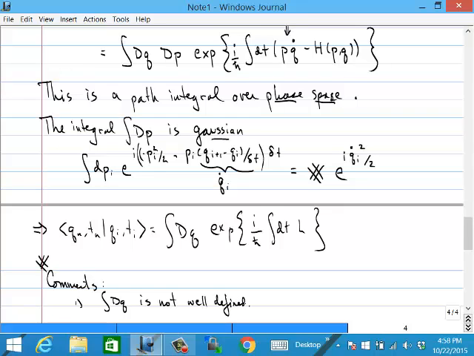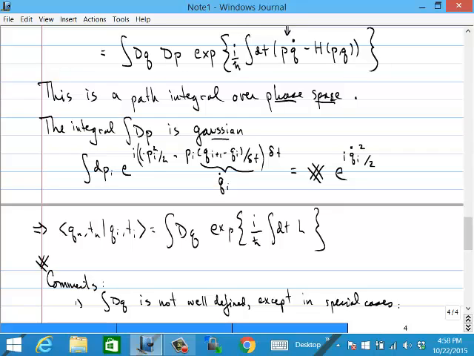If you want to define an integral in mathematical terms, you need to start with a measure, and you need to define it as some limit of some series. In general, it's complicated to define. And indeed, for the path integrals that we're studying in this class, it's not in general a well-defined mathematical object, except in certain special cases.